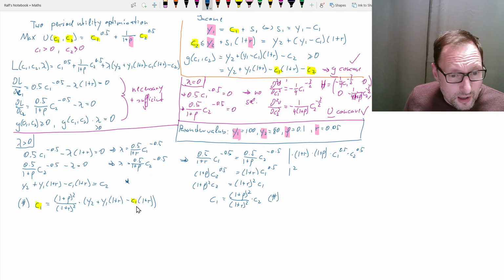So we're going to bring that C1 over to the other side, so it's minus C1 times (1 plus r), but also times that (1 plus rho) squared over (1 plus r) squared.